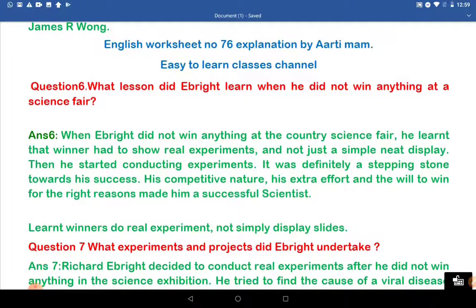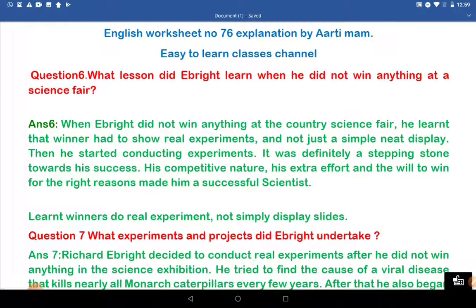Question number 7. What experiments and projects did E. Ebright undertake? Answer. Richard E. Ebright decided to conduct real experiments after he had not won anything in the science exhibition.